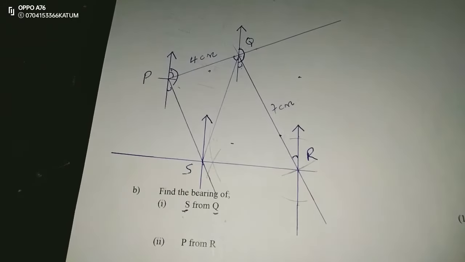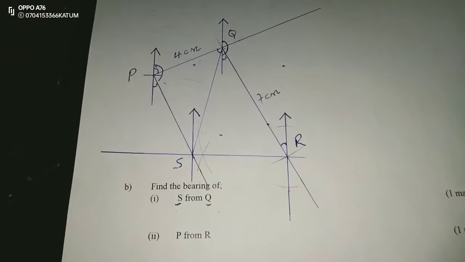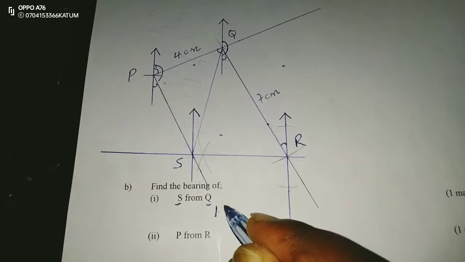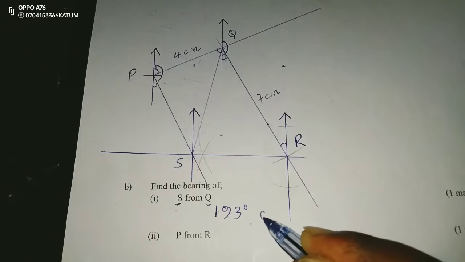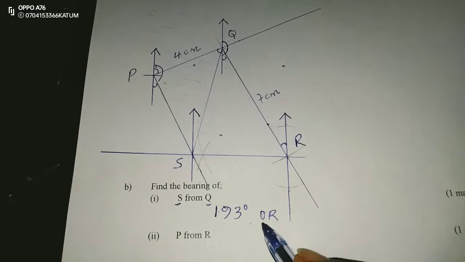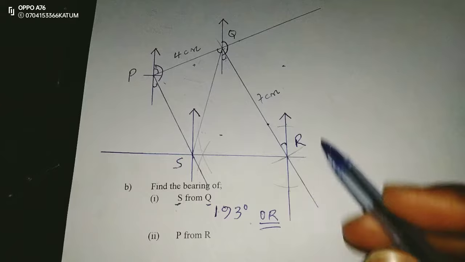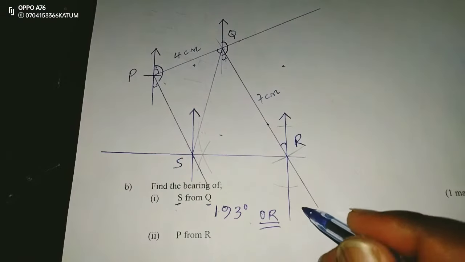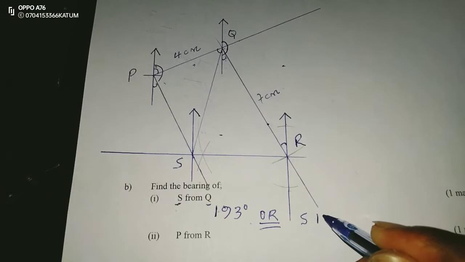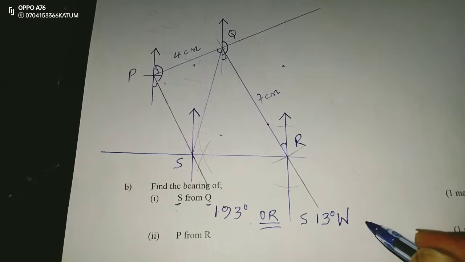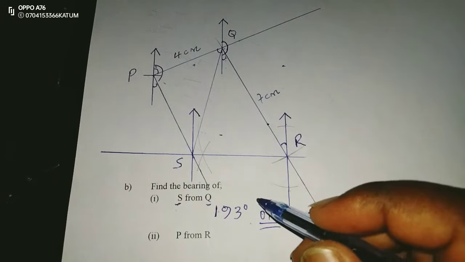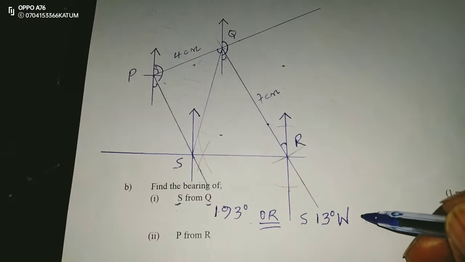So when we add the 13 to 180, we'll be getting 193. So the angle is 193. This is true bearing, or the same can be expressed as, because we have measured from the south 13 degrees and towards the west, then this can be called the compass bearing. So this is the true bearing, this is the compass bearing.